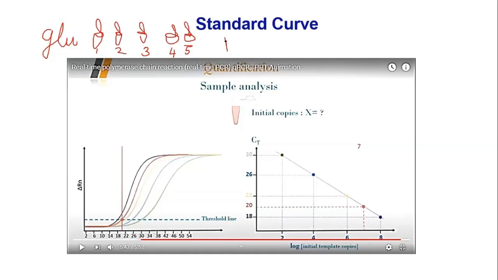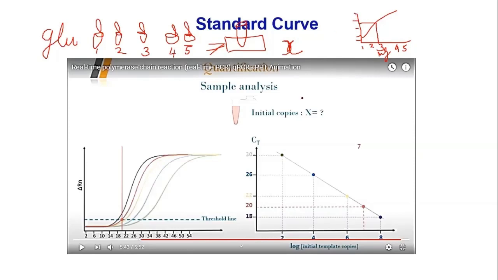And we do a colorimeter analysis, we keep the tube, and then the light passes through the colorimeter. Whatever OD value we get, we use it in the standard curve and then we plot it. And if you have a patient sample and you want to find out how much glucose is present in their blood sample, then we plot that on the standard graph and we find out that the person has 3 microgram of glucose in his blood.